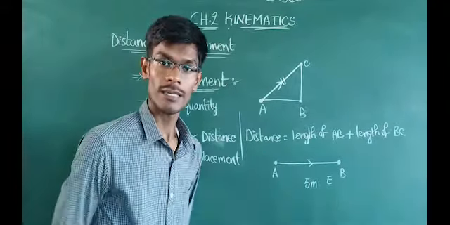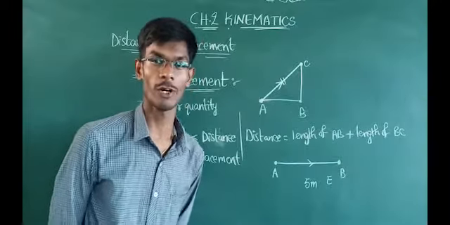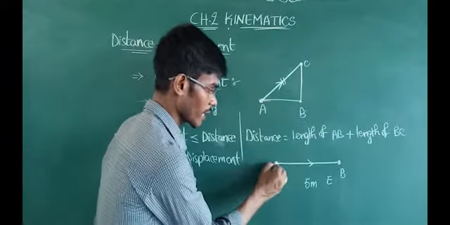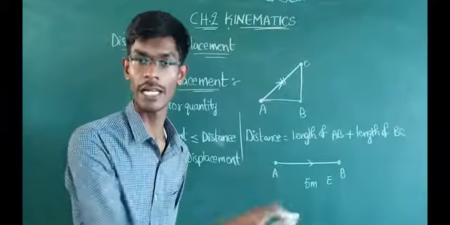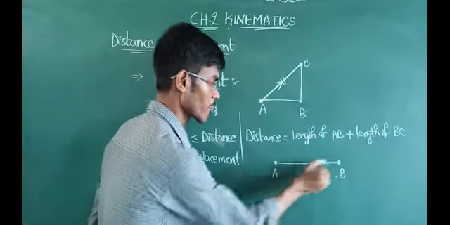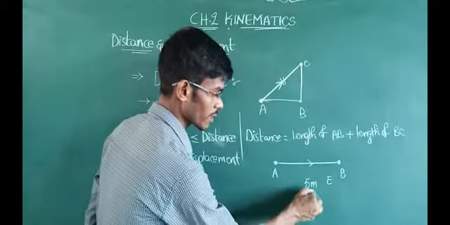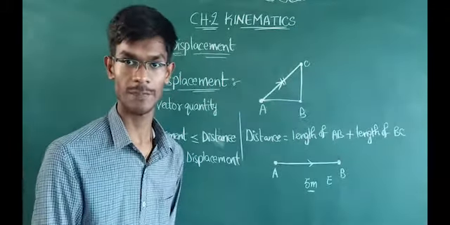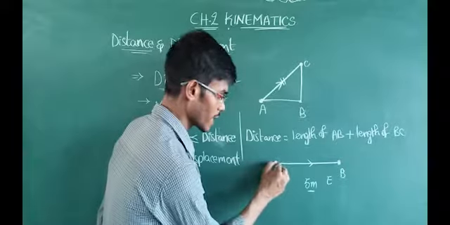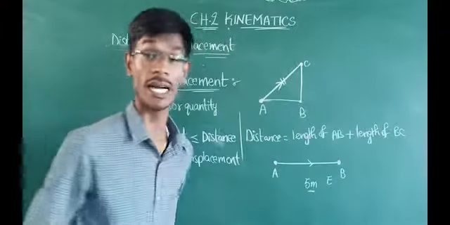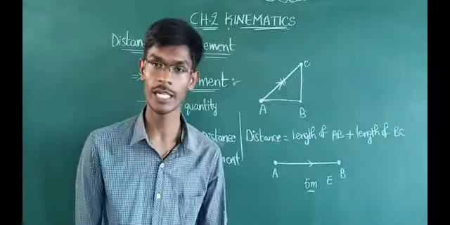What is distance? The actual path followed by an object, and here this is a straight path. So A to B is only one single path. The actual path is equal to 5 meters, and this itself is the shortest path from A to B. There is no other shorter way.